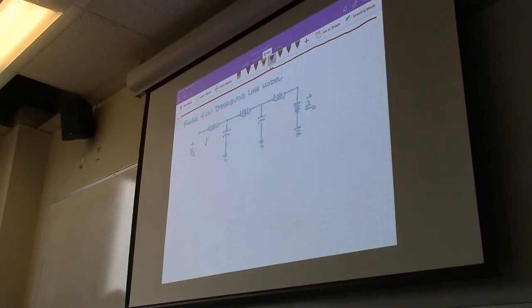Okay, so we have j omega L. All the segments we're assuming are uniform. j omega L, 1 over j omega C, 1 over j omega C. And then we have our characteristic impedance. This is what we'll call block number 1. This is what we'll call block number 2. You can see where this is going.